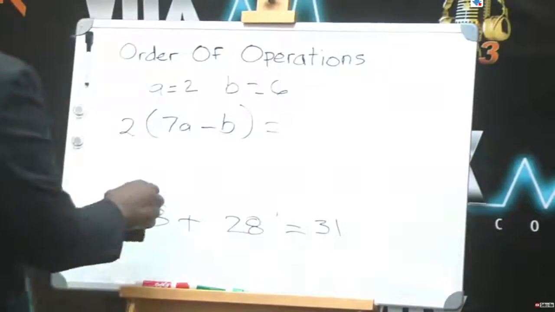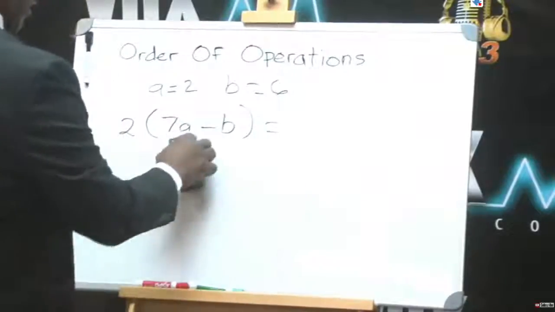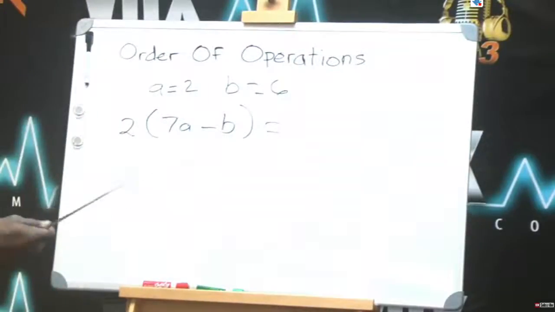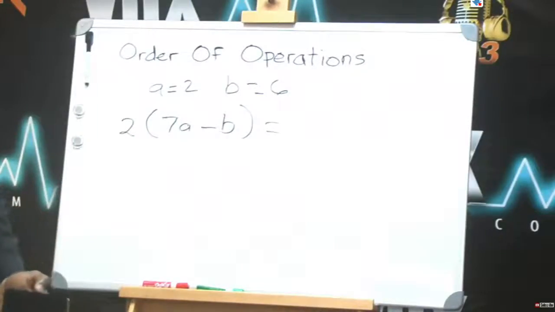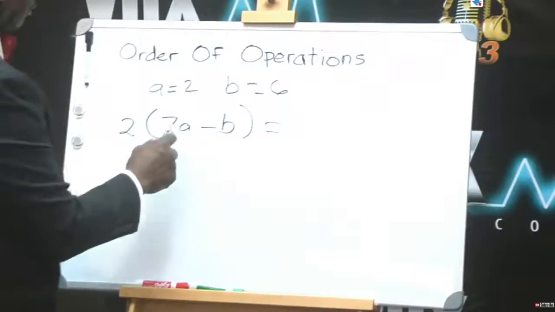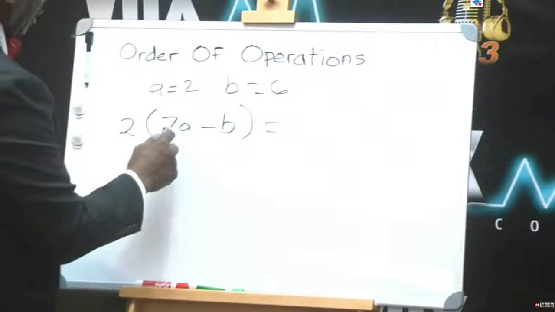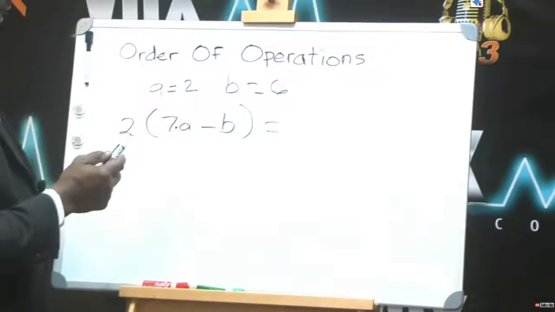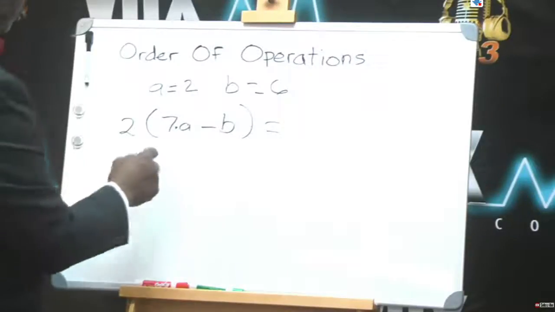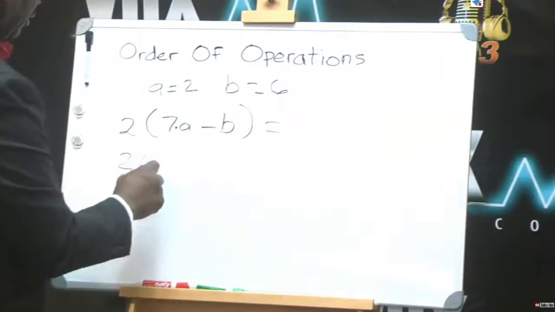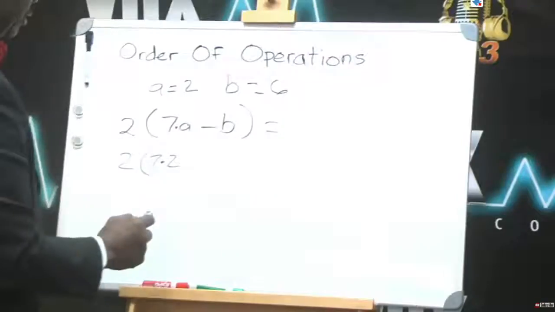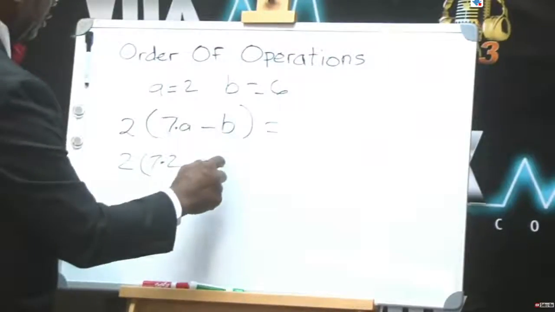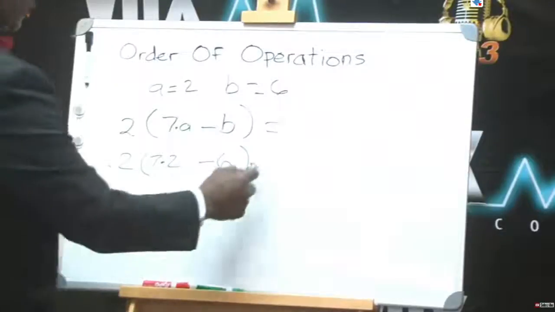And what you have to do is wherever those variables, and we're going to talk more about variables in the future, you see A, you put the value 2. Now again, remember, I said that whenever you have a variable next to a number, even though you don't see it, that means multiply. Okay? So in those parentheses, 7 times 2, that's 14, minus B, which is 6, okay, equals.